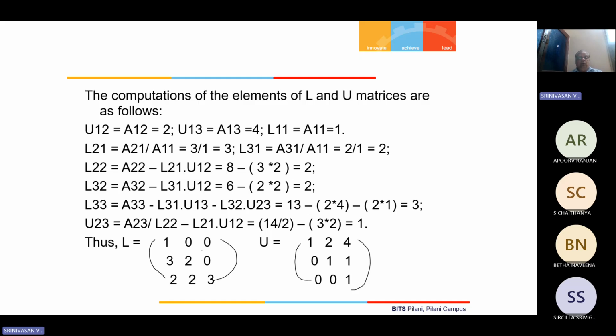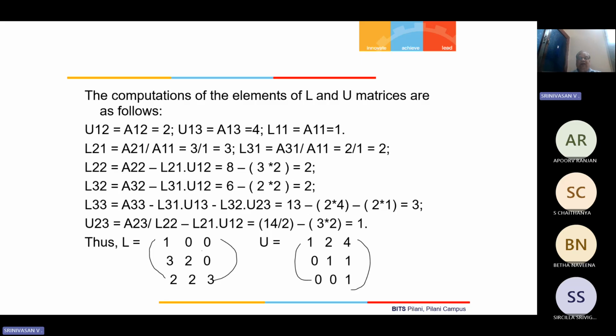L21 is 3, L22 is 2, and L23 will be 0, isn't it? Then L31 is 2, L32 is 2, and L33 is 3. So you have 1, 0, 0, 3, 2, 0, 2, 2, 3.